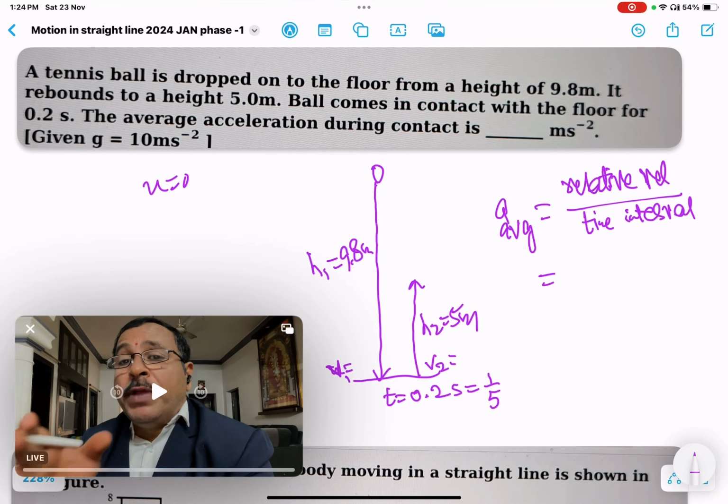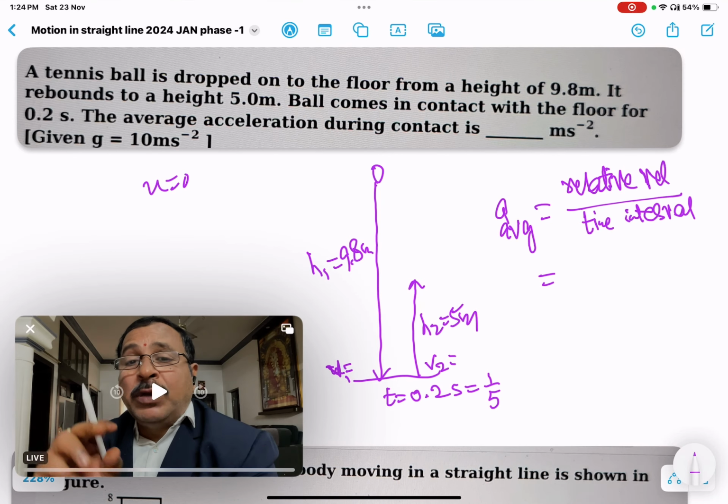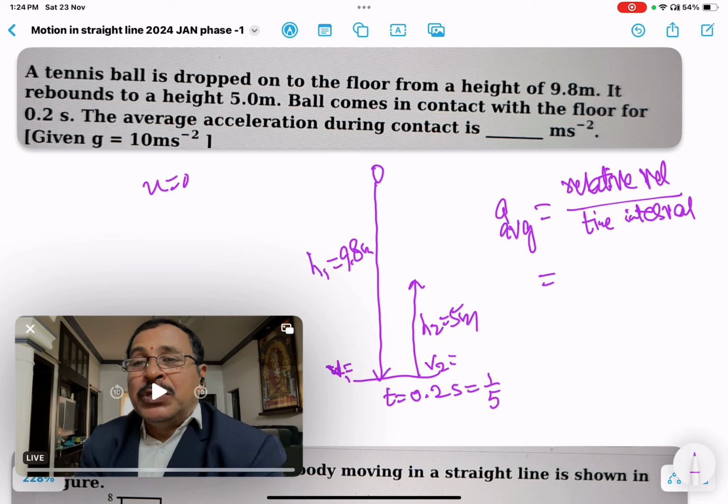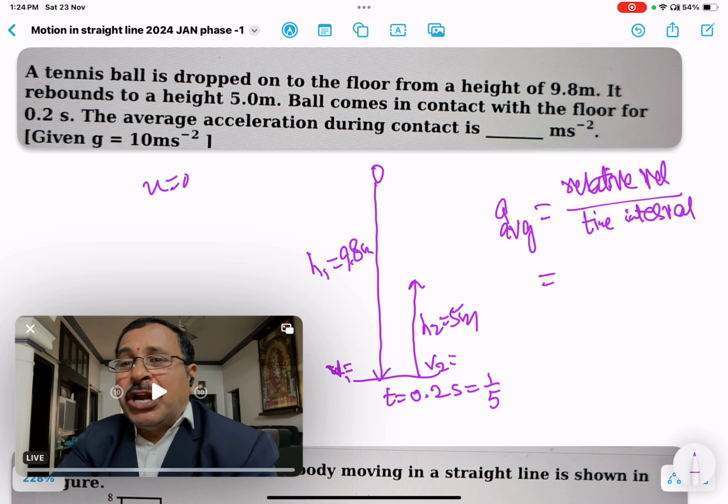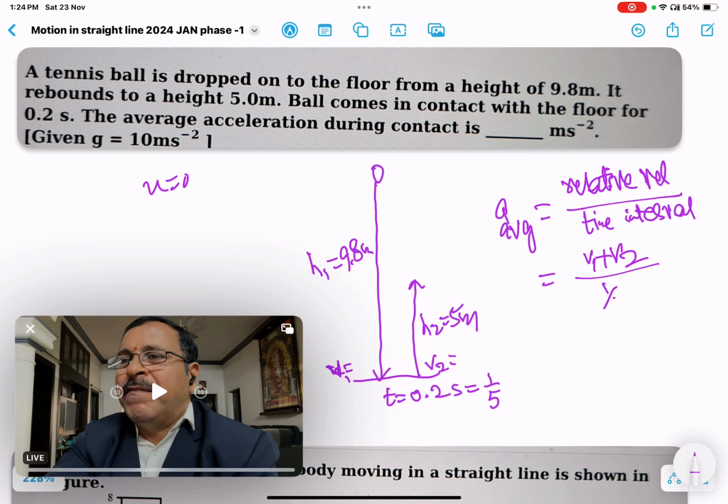If the two bodies are moving in the same direction, the relative velocity is minus. If the two velocities are in opposite directions, the relative velocity is positive, that is v1 plus v2. In this case, the two velocities are in opposite directions, so relative velocity is the sum of those two, v1 plus v2 divided by the time interval, 1 by 5 seconds.